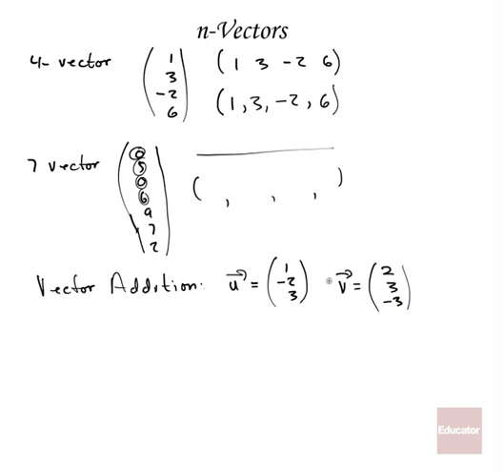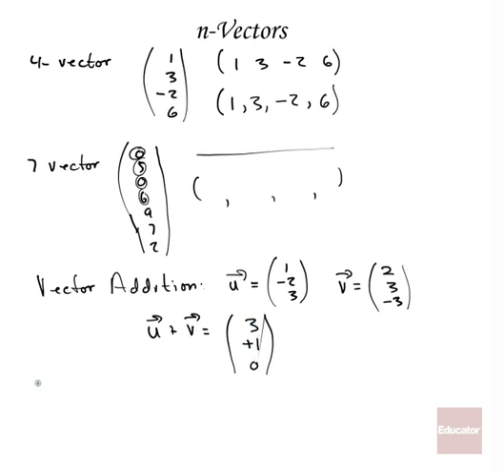When we add them, we're just adding the 1 and the 2, the -2 and the 3, and the 3 and the -3. So u plus v equals, again a 3-vector: 1 plus 2 is 3, -2 plus 3 is 1, and 3 minus 3 is 0. So we have the vector 3, 1, 0.